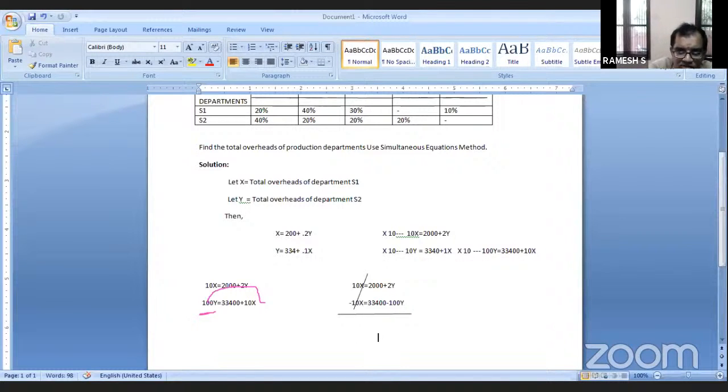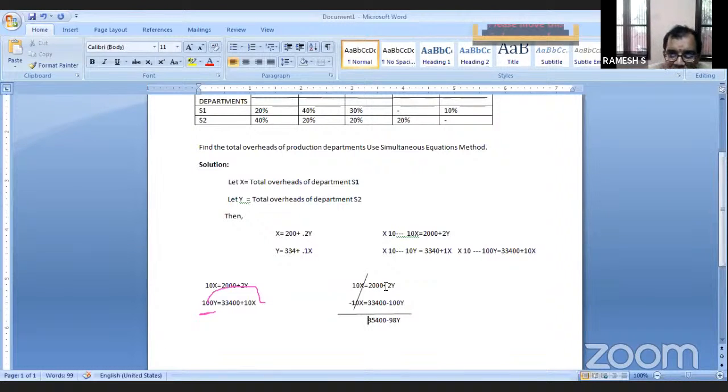So 33,400 plus 2,000 means 35,400. Minus 100y is there, plus 2y is there. So minus 98y will be the outcome of those two. Okay.